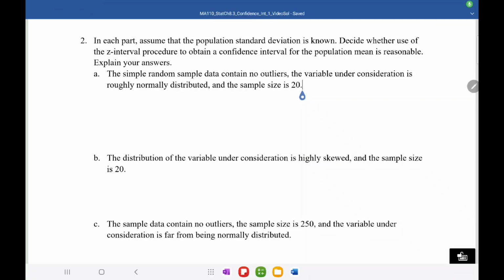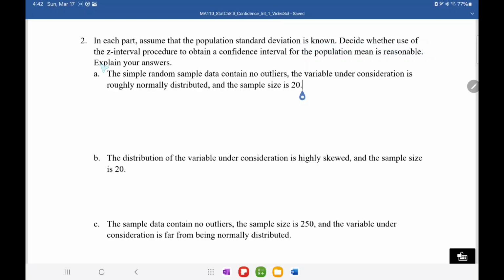Now, question number 2 is checking our understanding of the assumptions that must be satisfied in order to use the z-interval procedure to find a confidence interval. It says here, in each part, assume that the population standard deviation is known.